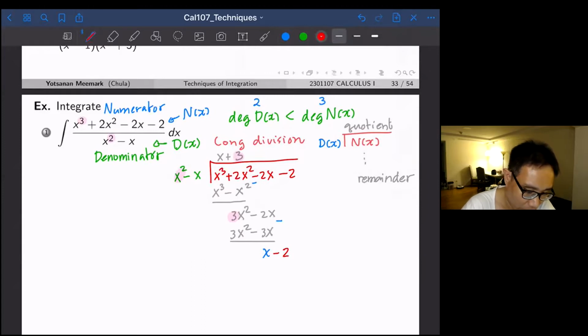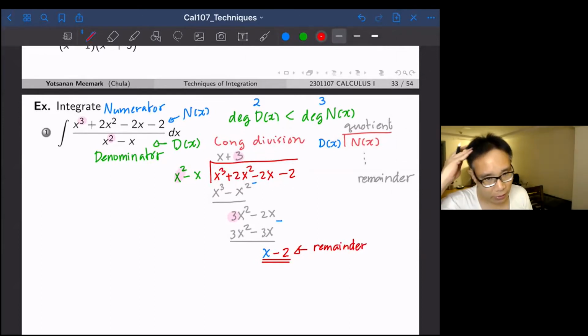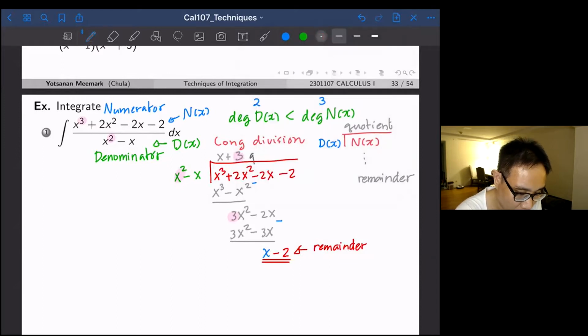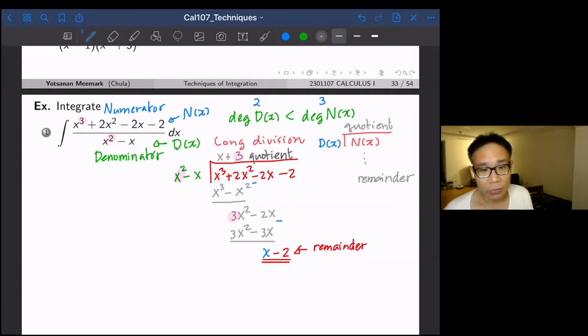So x minus 2 will be your remainder, and the part on top is called the quotient. So you have the quotient and the remainder.